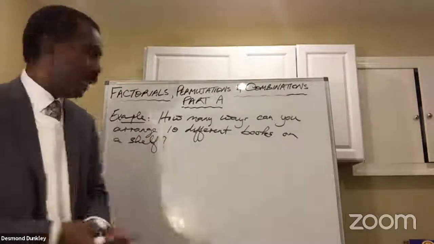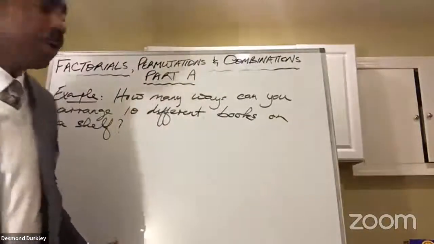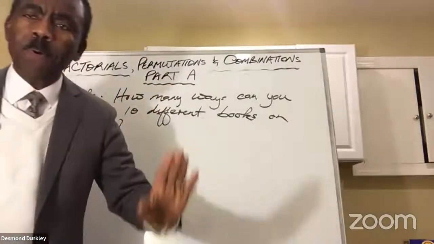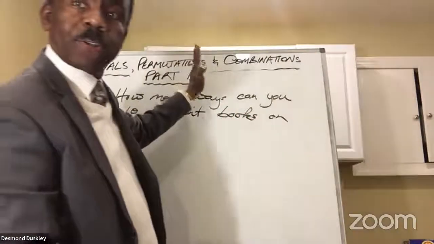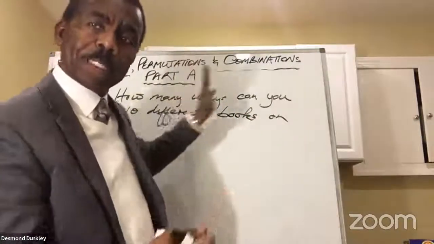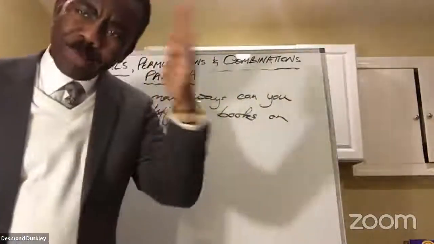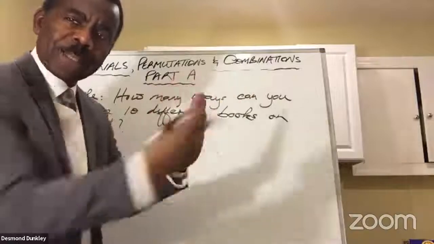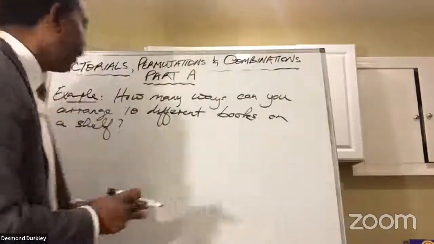How many ways can you arrange 10 different books on a shelf? So if the math book is first, it's going to be a different arrangement than if the math book is last. Notice the word arrange. So the order is important. Once you hear the word arrange, order is important. Okay?